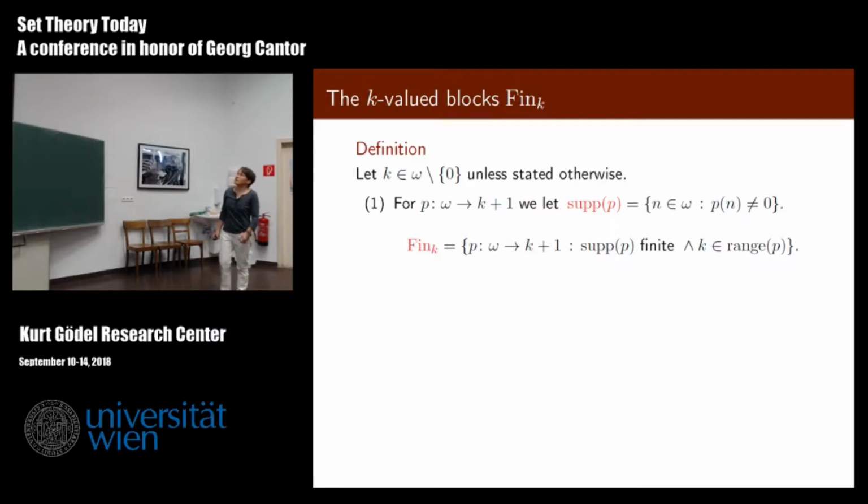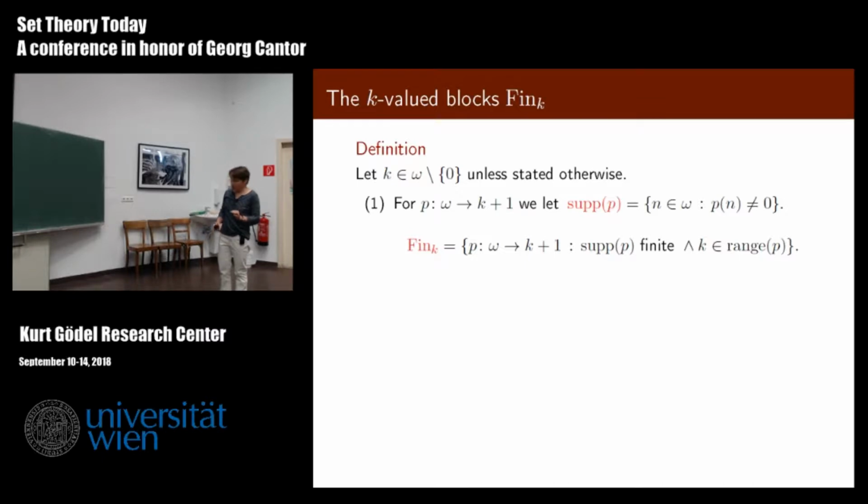First we need k-valued blocks. If you take k equals 1, then you get exactly the Hindman space, the space of blocks. But now I want to have some richer blocks. So k is 1 or larger, a natural number.